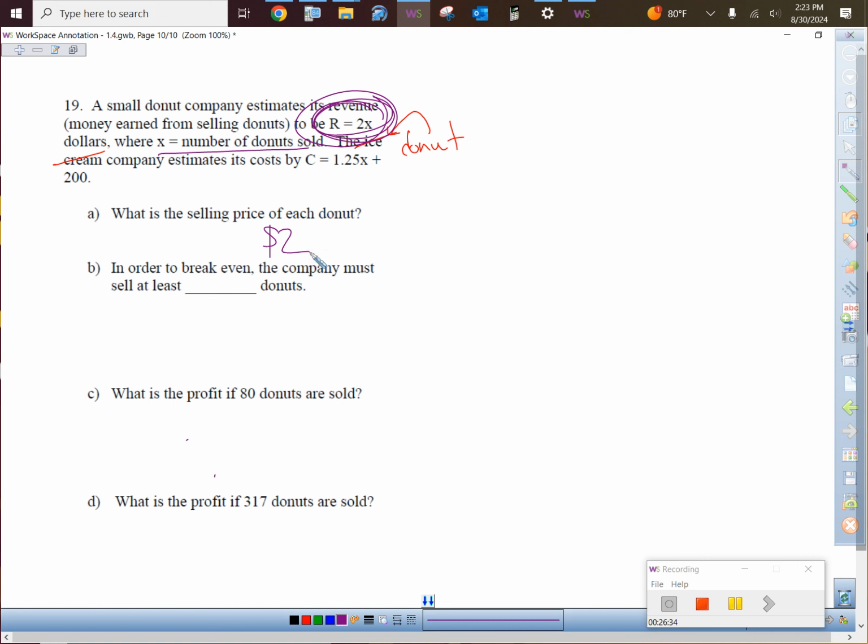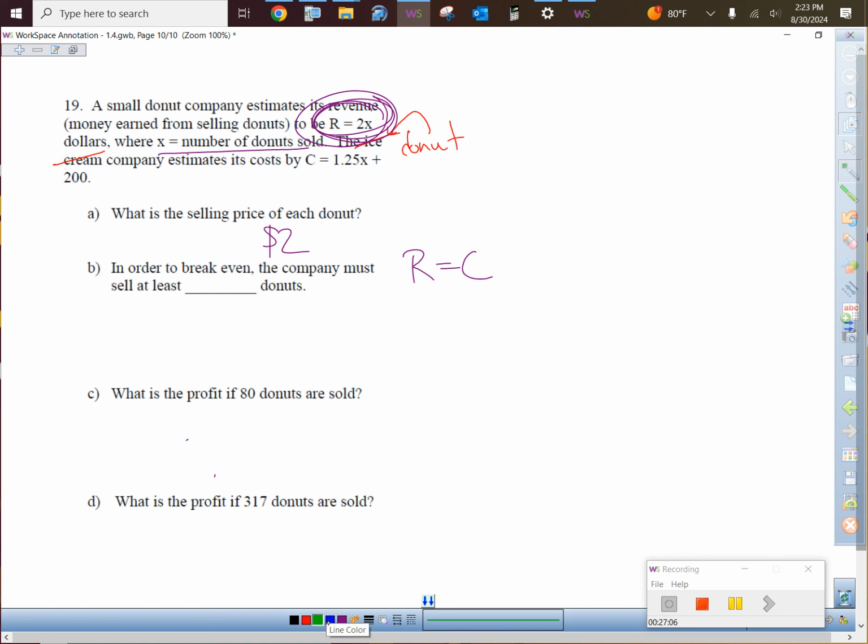Gotcha. In order to break even, what does that mean if you break even? Money coming in, revenue, versus cost, money going out. If I break even, what does that mean? They're the same, right? The money that I spent was the exact same as the money that I made, right? So break even means revenue equals cost. And they're totally the same.